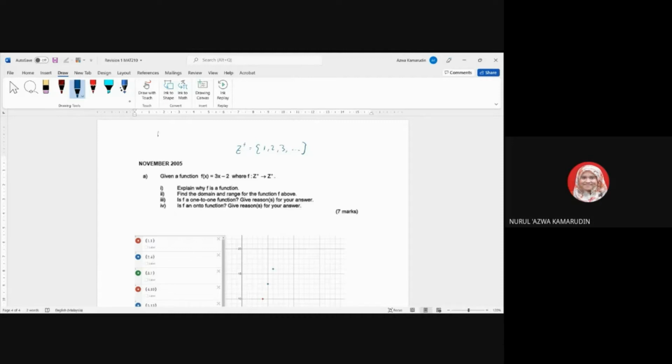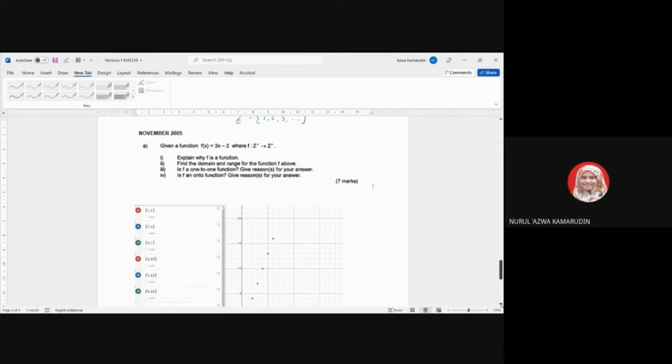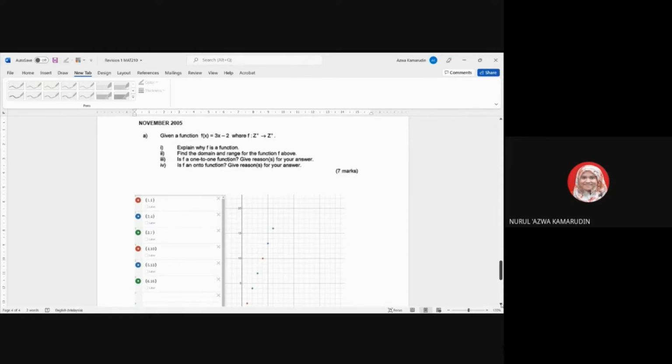Determine whether it is a function. So is it a function? Okay, so this is a function. Explain why.